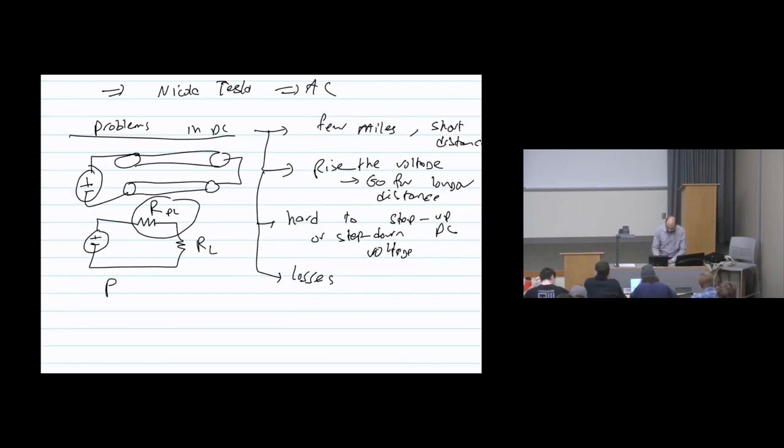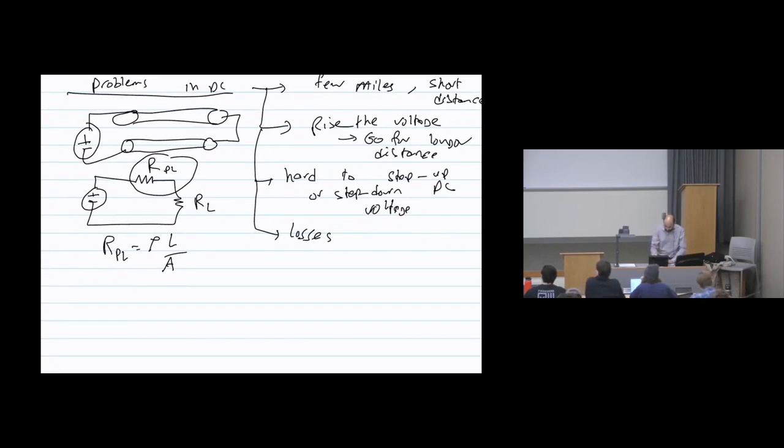As we know from physics, the resistance of a conductor is rho L over A. Do you remember this for a conductor? L is the length. So the longer L will cause what?